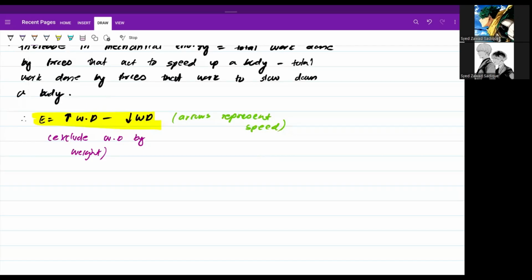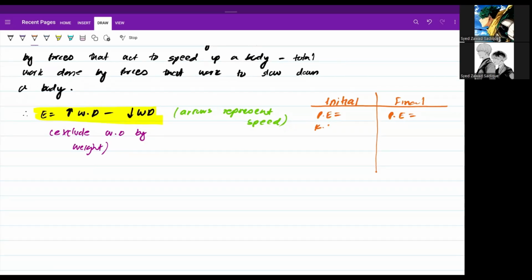What you'll be doing is making a table: initial, final. In this table you'll write potential energy initial, potential energy final, kinetic energy initial, kinetic energy final.